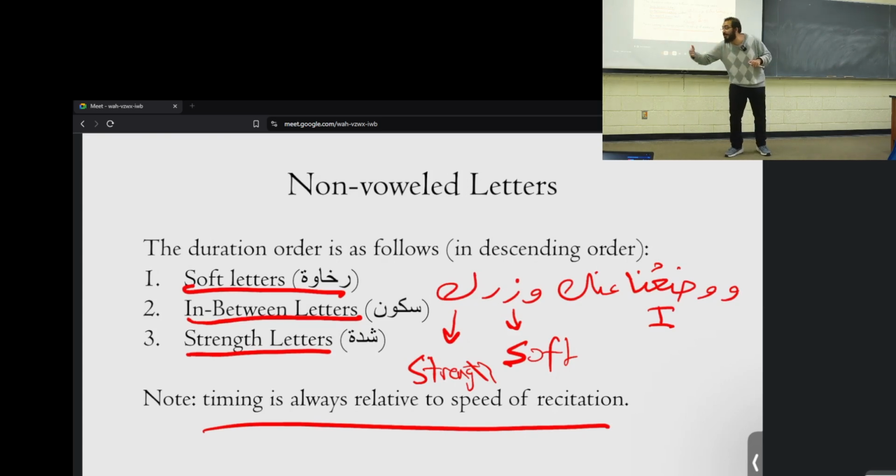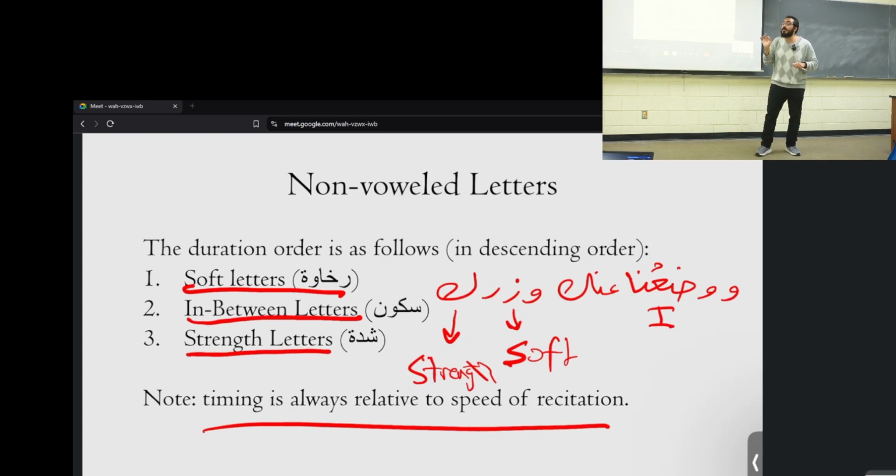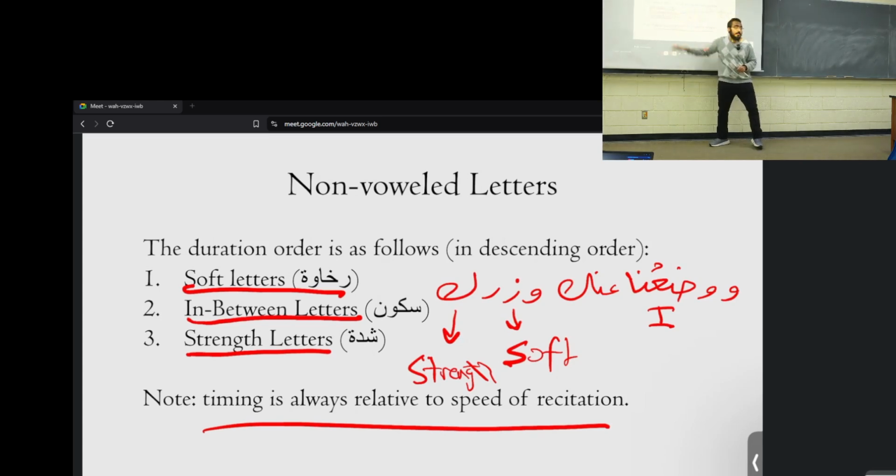So you give time to the zayn. Why? Because it's a soft letter. The ain, you don't give it time because it's an in-between letter. Make sense? So we say ووضعنا عنك وزرك. I gave a little longer time for the soft letter. Okay? So we have soft letters first, in between, and then we have strength letters.